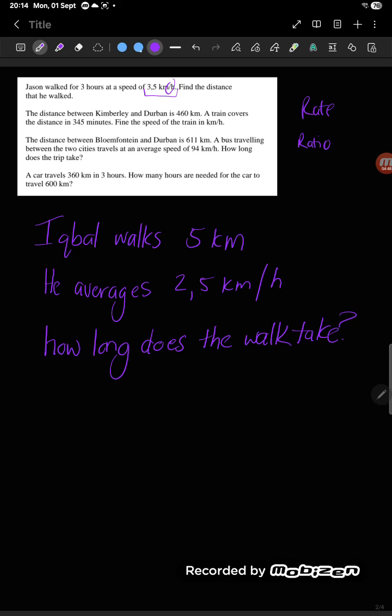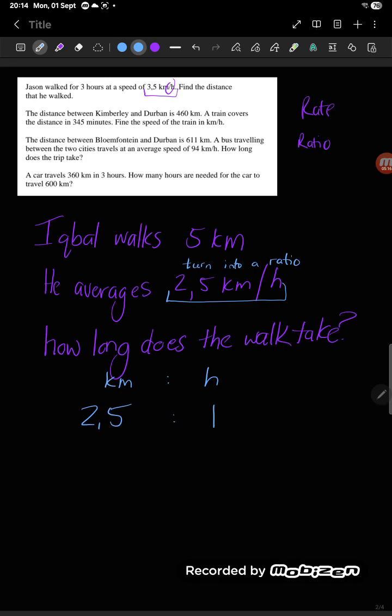Iqbal walks 5 kilometers. He averages. Now you've got to turn this into a ratio. Okay, he averages 2.5. I've got kilometers, I've got hours. 2.5 per every 1 hour.